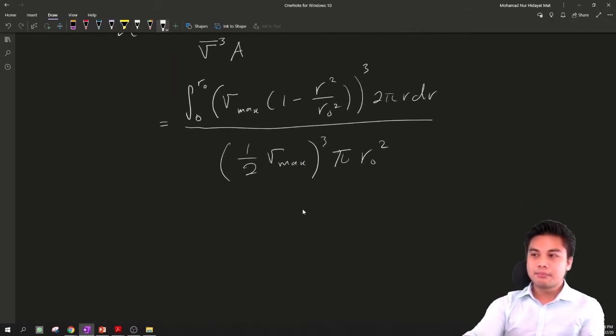So try to simplify the numerator and denominator.